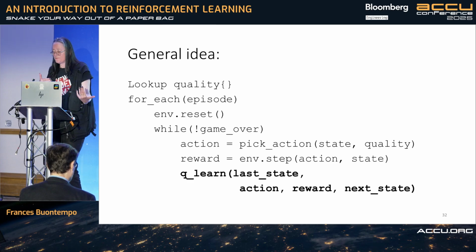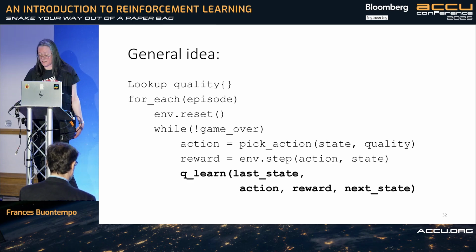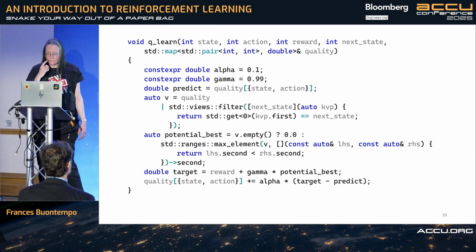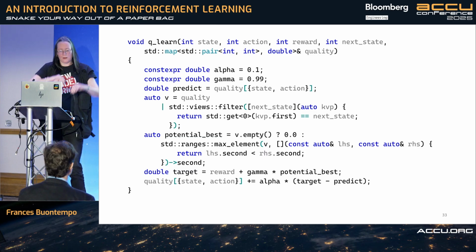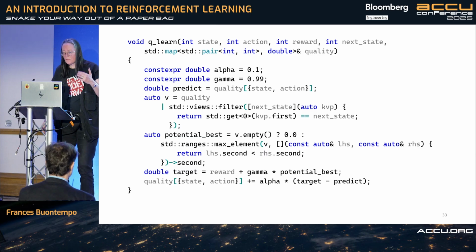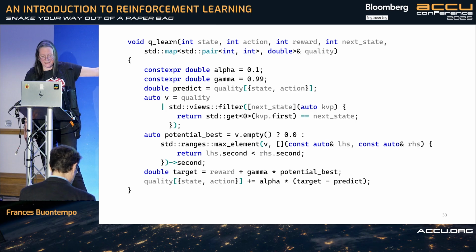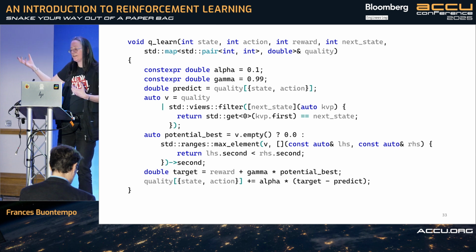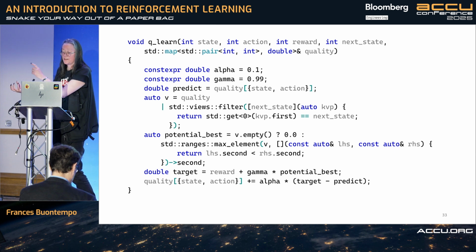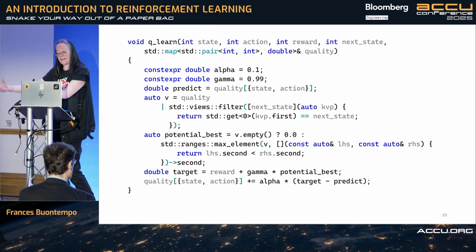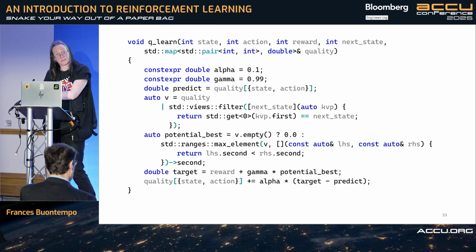So this time, same as before, but we've just got the next state as well. Similar to the last code, we're updating the quality table at the bottom. But I need to find all the things that match the next state and then see what the best possible one of those is.